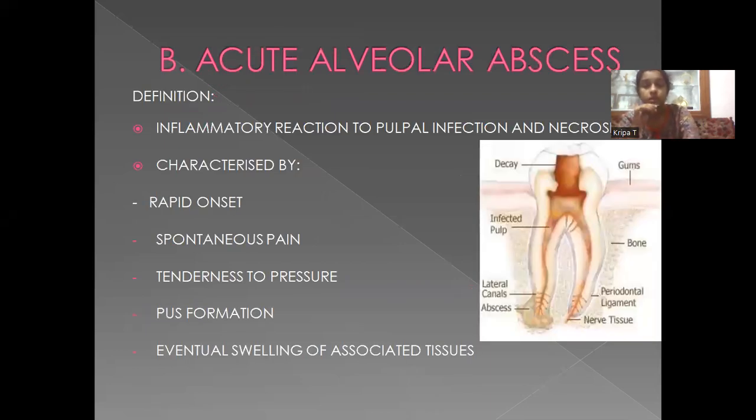Next is an acute alveolar abscess, an inflammatory reaction to the pulpal infection or necrosis. This is characterized by rapid onset, spontaneous and heightened pain, marked tenderness to percussion, pus formation, and swelling of associated tissue too.